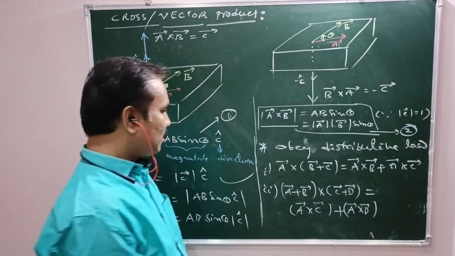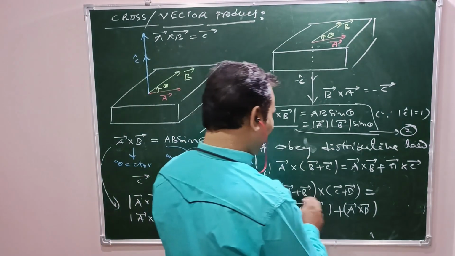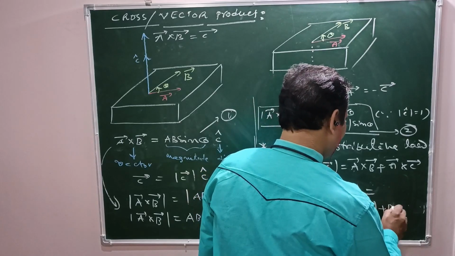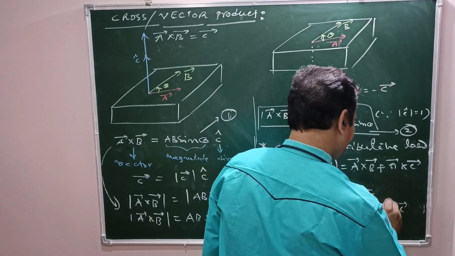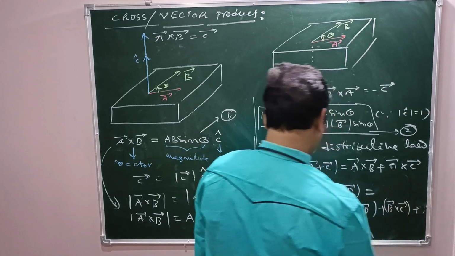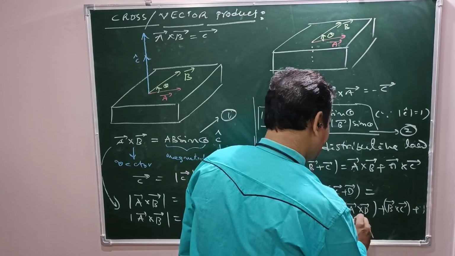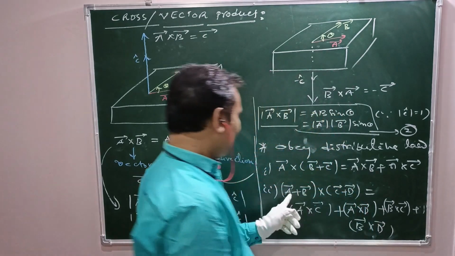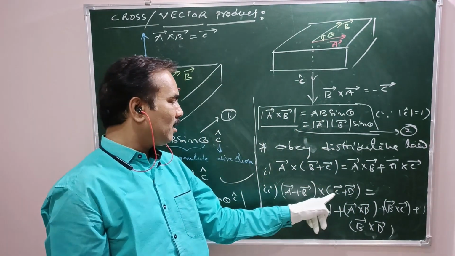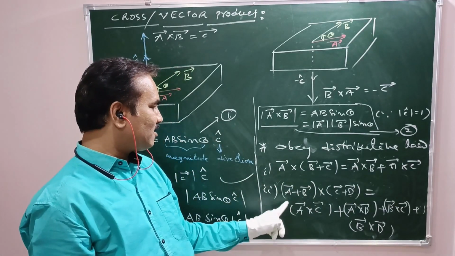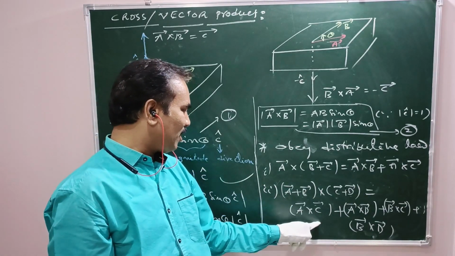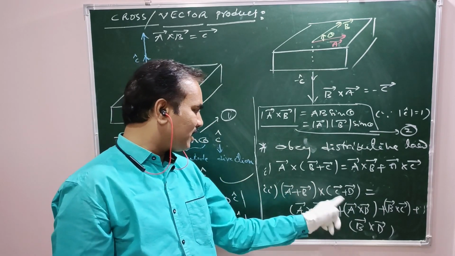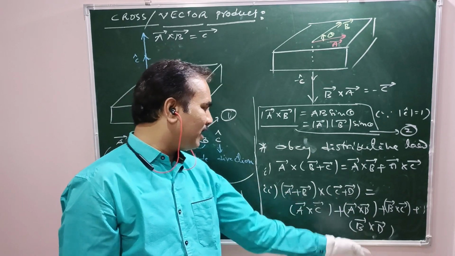Similarly, plus B cross C, plus B cross D. See, A bar plus B bar cross C bar plus D bar can be written as A bar cross C bar plus A bar cross D bar plus B bar cross C bar plus B bar cross D bar.